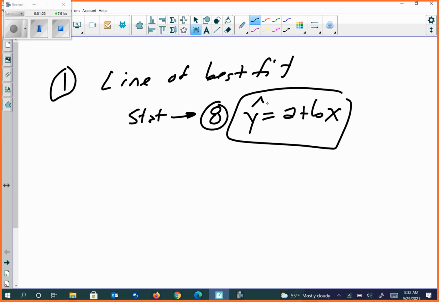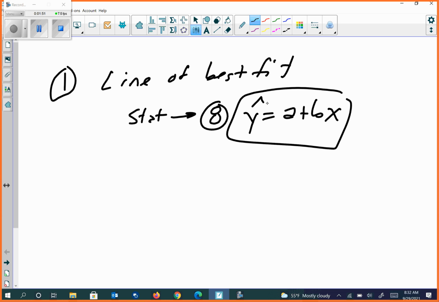Okay, ready? First thing I want you to do is hit zoom, stat, and then 9. Now hit y equals. Then VARS, it's above the 7. Go to statistics, number 5.